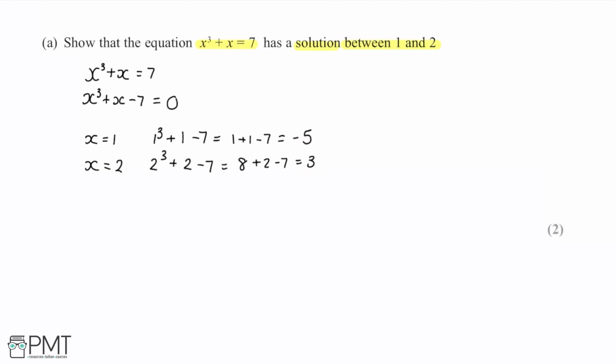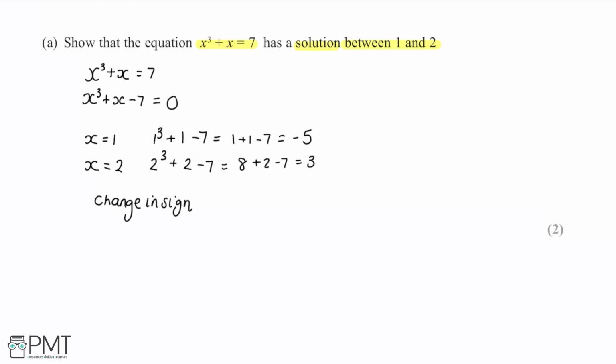What I'm noticing here is that we have a negative when x equals 1 and a positive when x equals 2. Minus 5 is less than this value of 0, and 3 is greater than this value of 0. So what we can write down is that there's a change in sign.